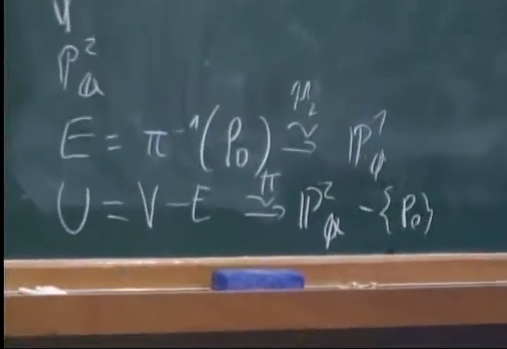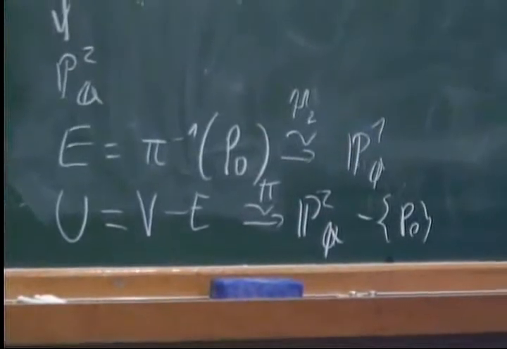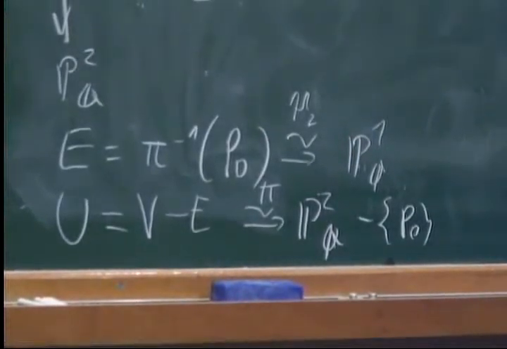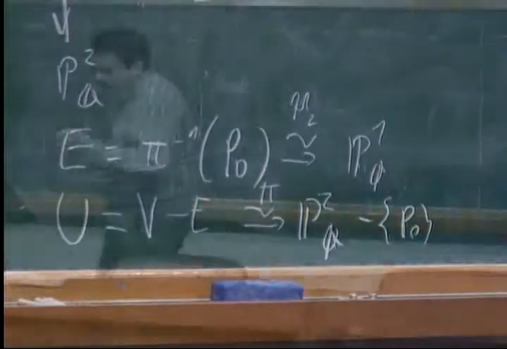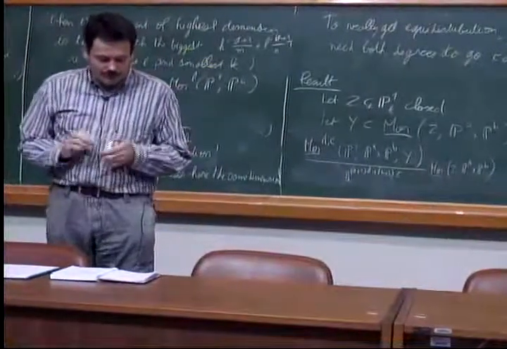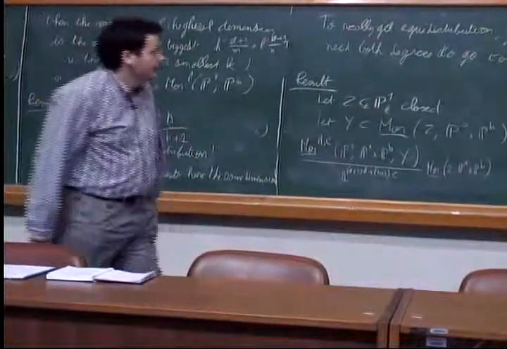Well, since this surface is embedded in P2 cross P1, we get again a two parameters family of embeddings in the projective space, and therefore a two parameters family, sorry, of heights.